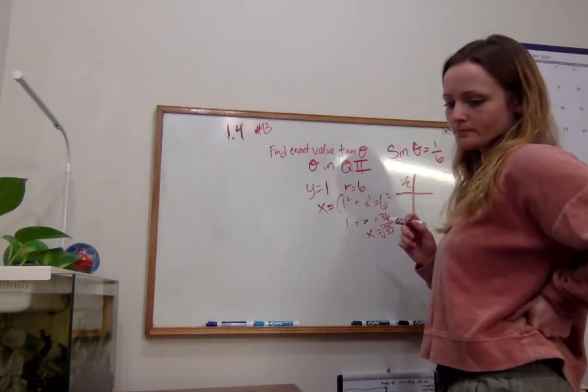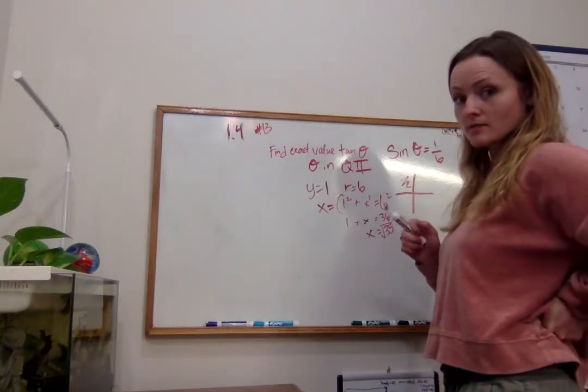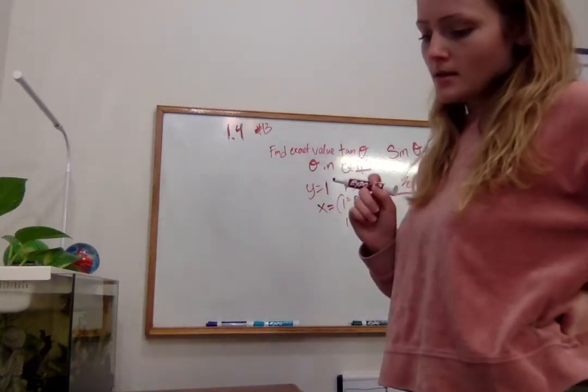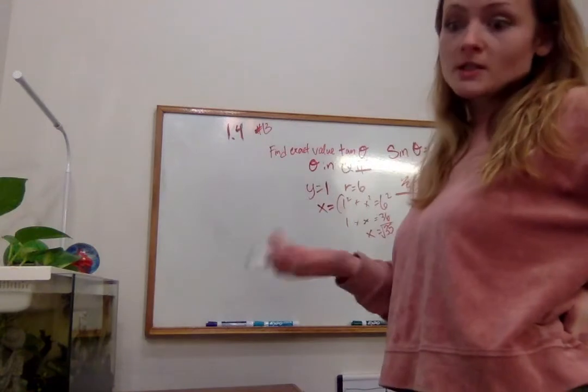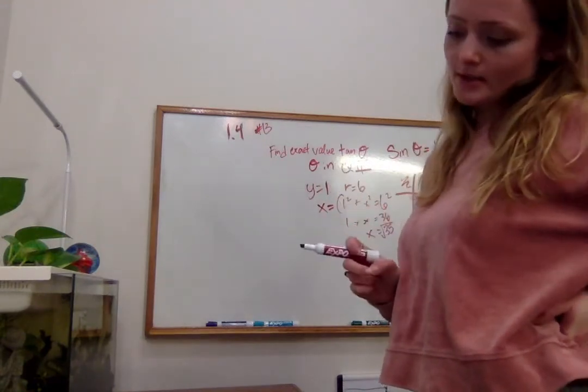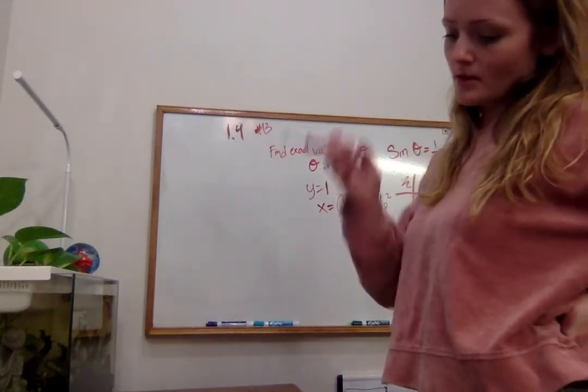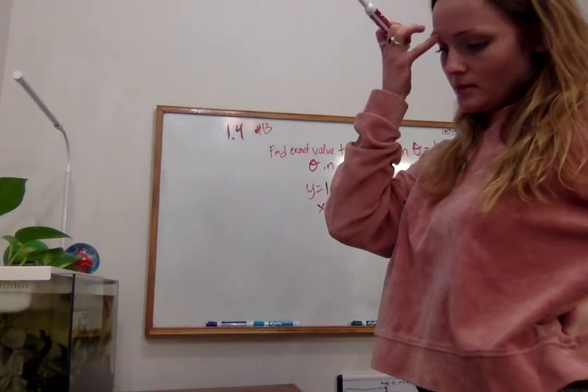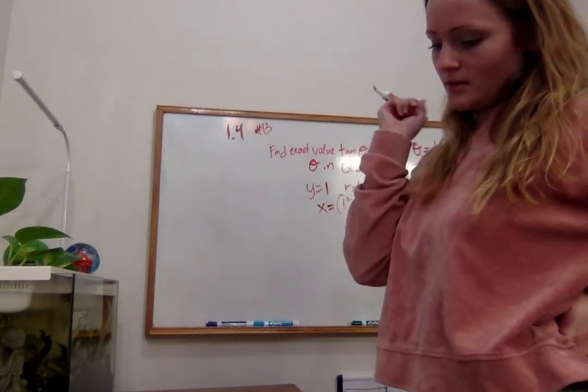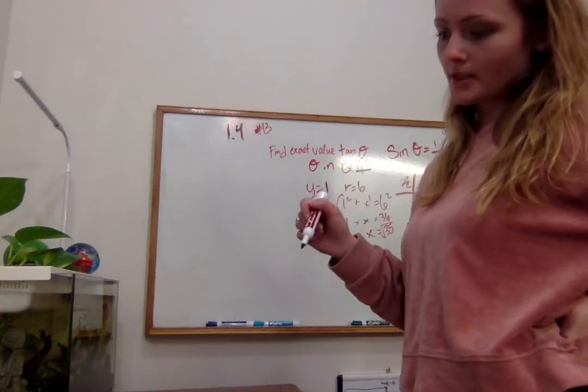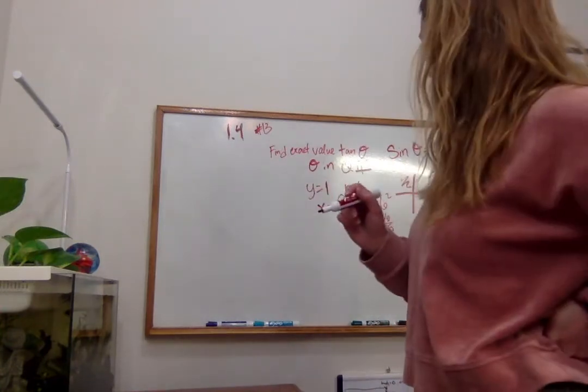So I went back and checked the work and discovered that I should use the Pythagorean theorem, where sine squared plus cosine squared equals 1.